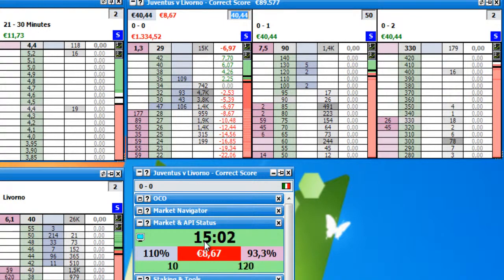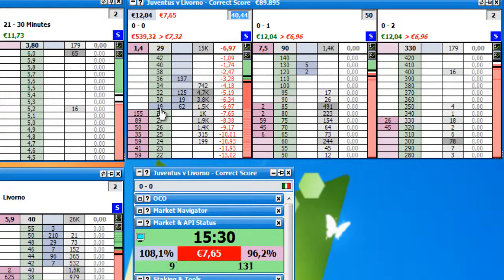Now we have 5 minutes. So latest, if 28, the odd of 28 is fully matched, so you see that I get matched here a little bit from my amount.